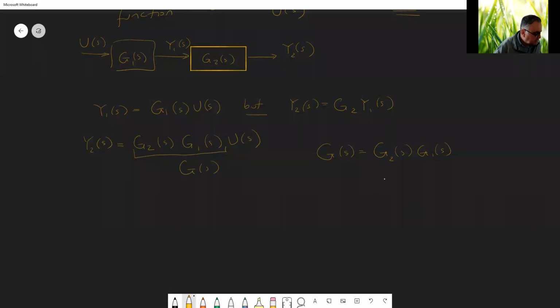For example, a system has an input like U, you have a G of S, and output is Y. Now we can manipulate all these things in order to combine complex systems to each other. For example, you might combine such systems.